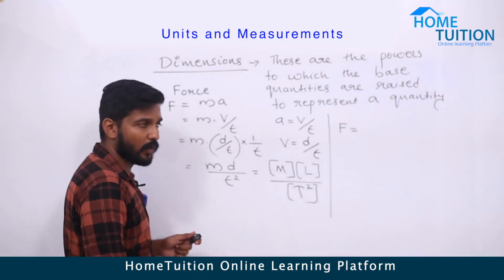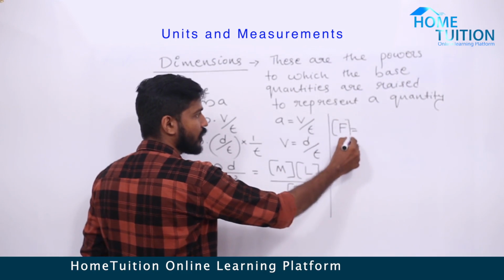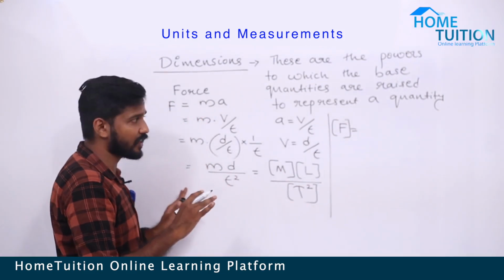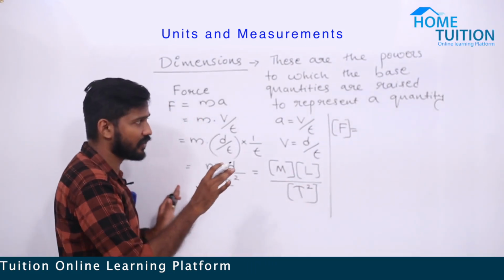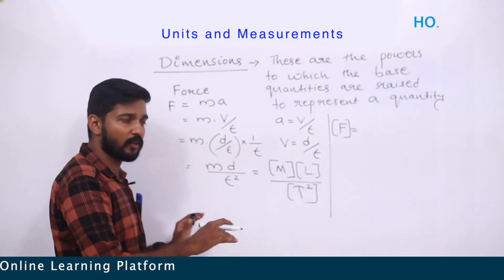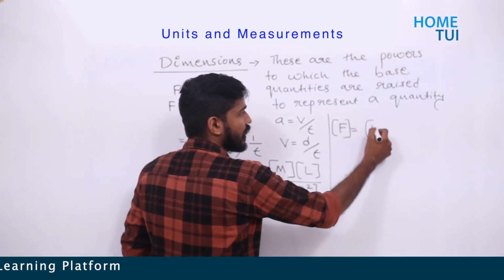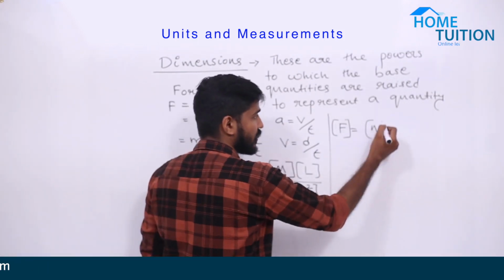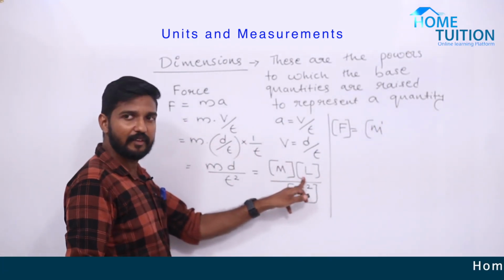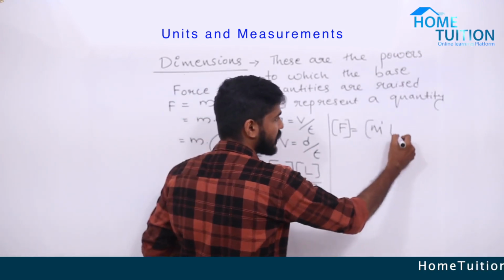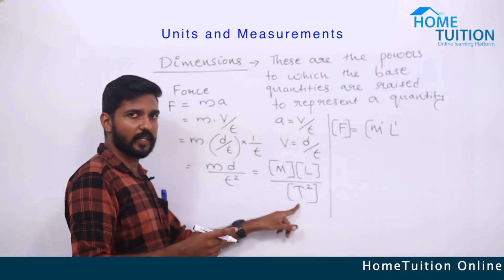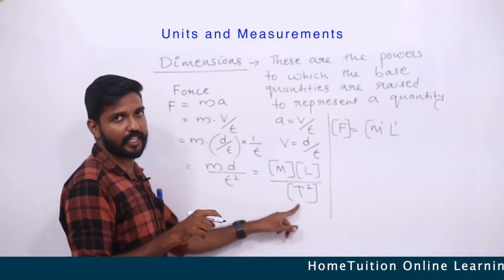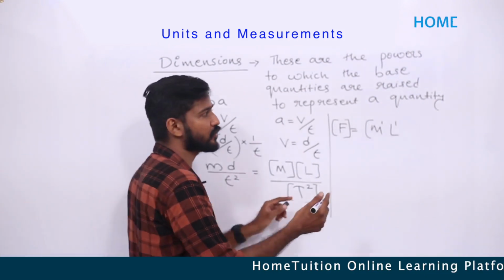Now force equal to, put a square bracket. I will explain why I am writing the square bracket later. So F equal to M, M means M raised to 1, right? Then L means L raised to 1. So this T square will go to the numerator, then it will be T raised to minus 2.